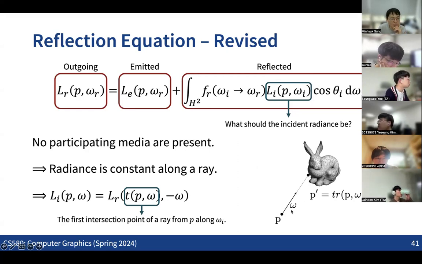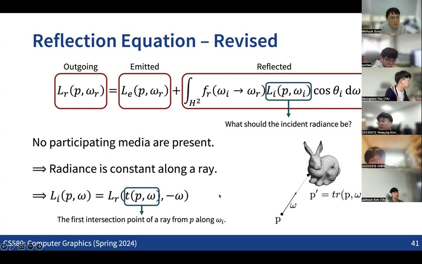Ray tracing is a sort of reverse engineering. We are back tracing all these travels of the light. So if we want to get the incoming radiance information at the point P along the direction omega I, we just shoot a ray, find the intersection point, and then take the outgoing radiance along the opposite direction. So that becomes this term, right?